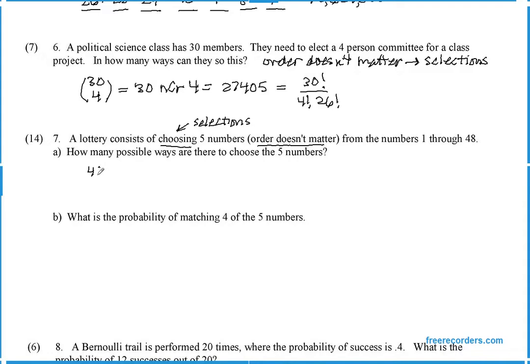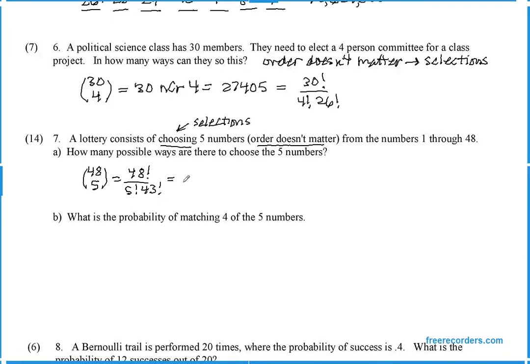So 48 is our total, and we are going to choose 5, so 48 choose 5. If we did this again from the formula, it's 48 factorial on top, and on the bottom 5 factorial, and then 48 minus 5 is 43, so 43 factorial.